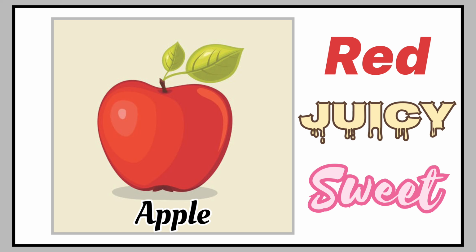Now, if I say a red, juicy, sweet apple, doesn't it create a clear picture in your mind? These describing words, red, juicy, sweet, are called adjectives.